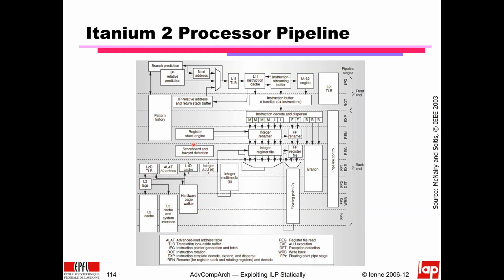I have no idea what it is, but it doesn't look good. And scoreboarding is something similar to reservation stations and these kinds of things. Again, something that is totally unrelated. Now, I don't know exactly what this means. I cannot tell more precisely, but you see that there is this box disconnected from everything.